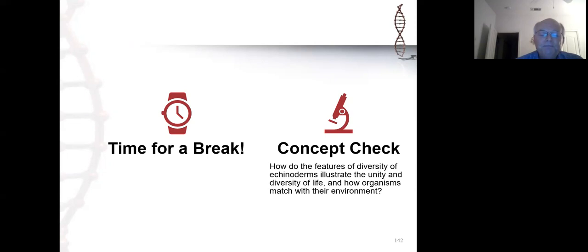Then you have the change in shape when you go from sea stars and brittle stars to sea urchins. Again, a change in body plan that allows them to be out and visible on the reef and protected, or in amongst the seaweeds and protected because of the spines, allows them to act as herbivores in the environment rather than active predators.